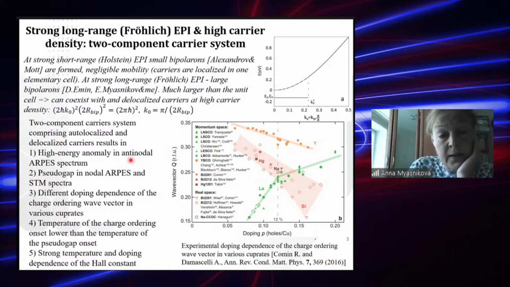Also in different doping dependence of the charge ordering wave vector in various cuprates. The illustration of experimental results on this different doping dependence is represented here. And the temperature of the charge ordering onset is lower than the temperature of the pseudo-gap onset in such an approach, and strong temperature and doping dependence of the Hall constant appear.